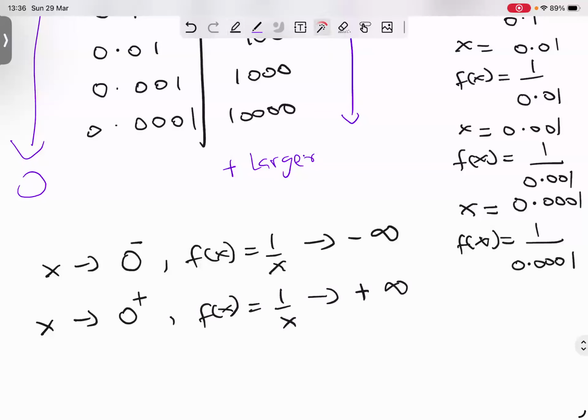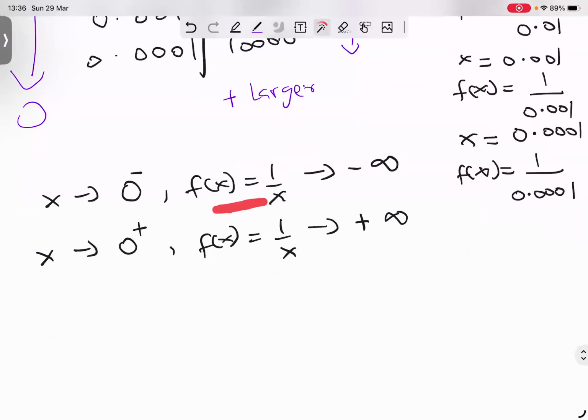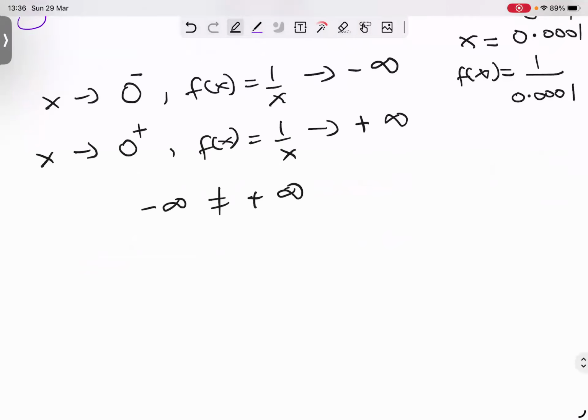Now, for the limit of the function to be defined, it means that the value that f of x will approach from the left must be the same value that f of x will approach from the right. From the left, f of x approaches negative infinity. From the right, f of x approaches positive infinity. But we know that negative infinity is not the same as positive infinity.